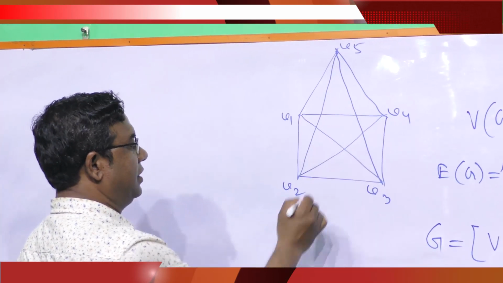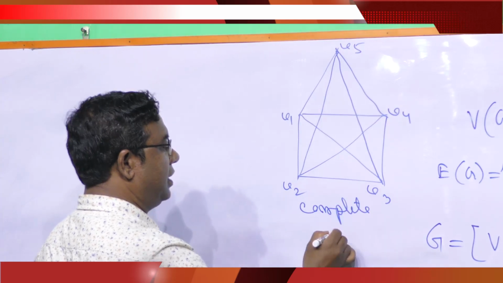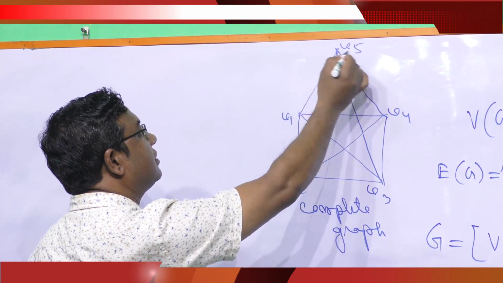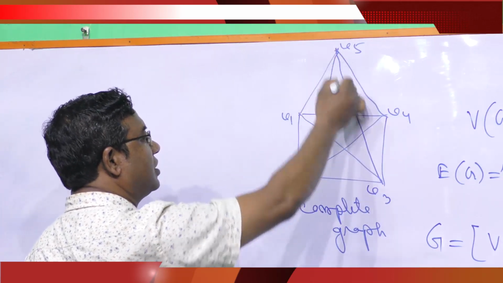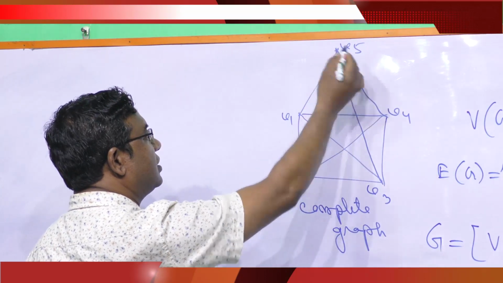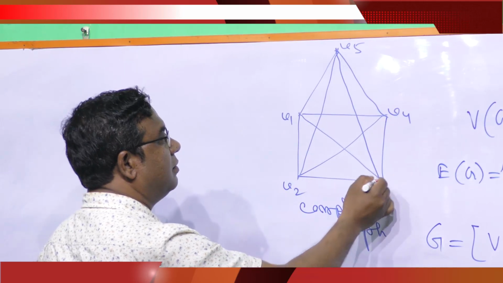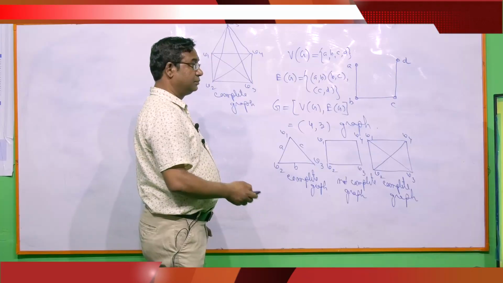So this is a complete graph. Any two vertices are adjacent. V3, V5 are also adjacent. V2, V5 are also adjacent. V1, V4, V1, V2, V2, V3, V3, V4. These all are adjacent. So this is a complete graph.